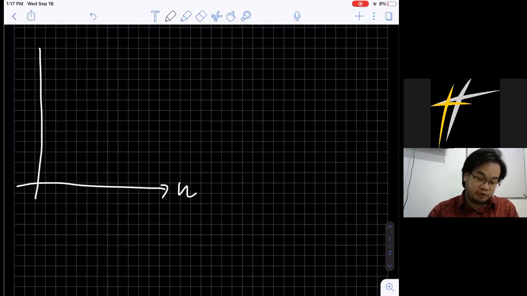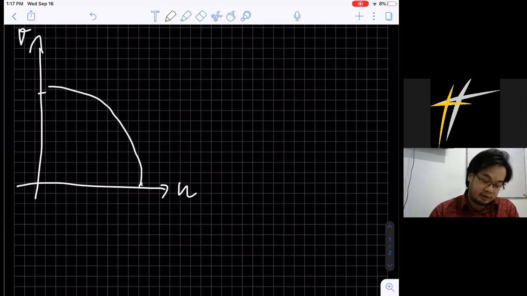If this is a UV coordinate system, and then I have a unit circle, a unit semicircle, like this, which the radius is 1. Okay.